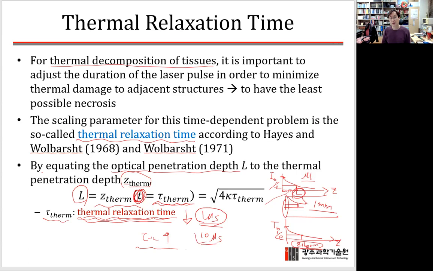But when you have a 10 microsecond relaxation time, that means after you give the pulse of the laser, it takes 10 microseconds for the 1/α position of the tissue to have 37% of the temperature at the surface here.